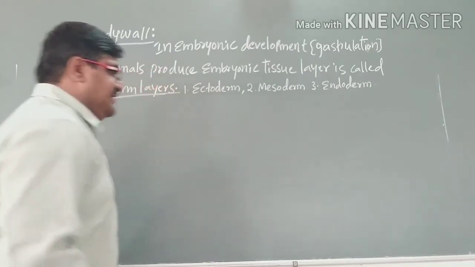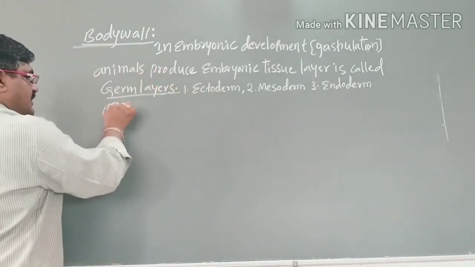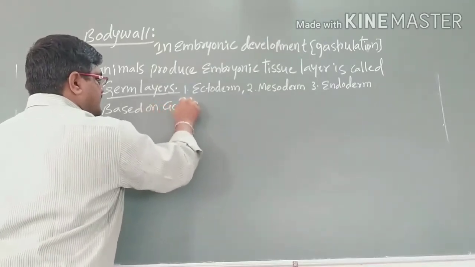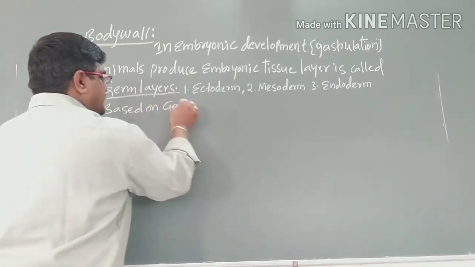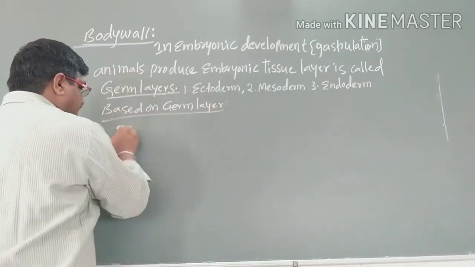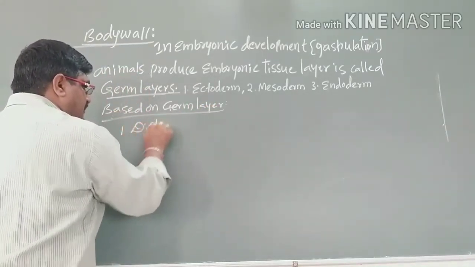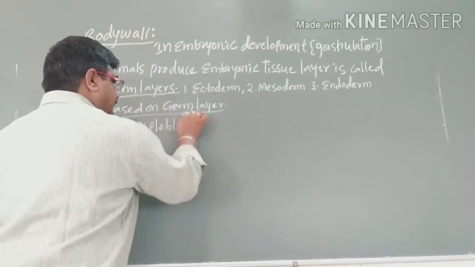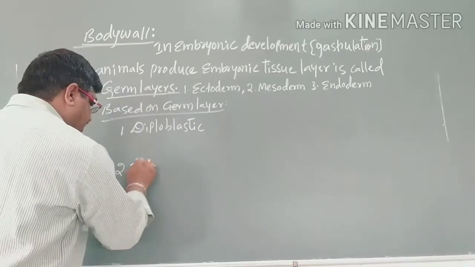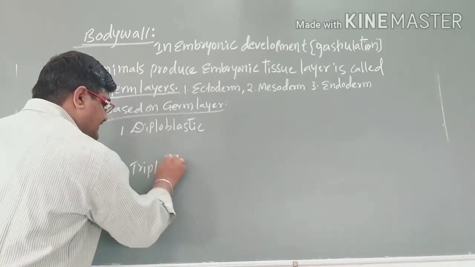Based on germ layers, organisms are classified into two types: one is diploblastic and the second one is triploblastic.